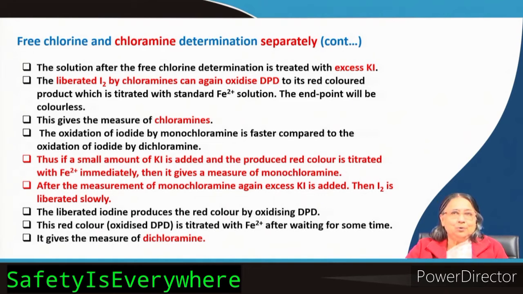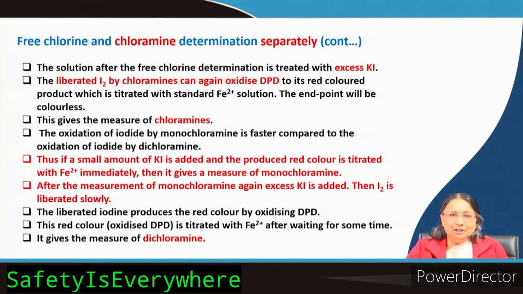This is kinetics. Monochloramine and dichloramine react with different kinetics. After the measurement of monochloramine, again add excess KI, then iodine is liberated slowly. The liberated iodine produces the red color by oxidizing DPD. Same method, but here the iodine is slowly produced, by dichloramine.